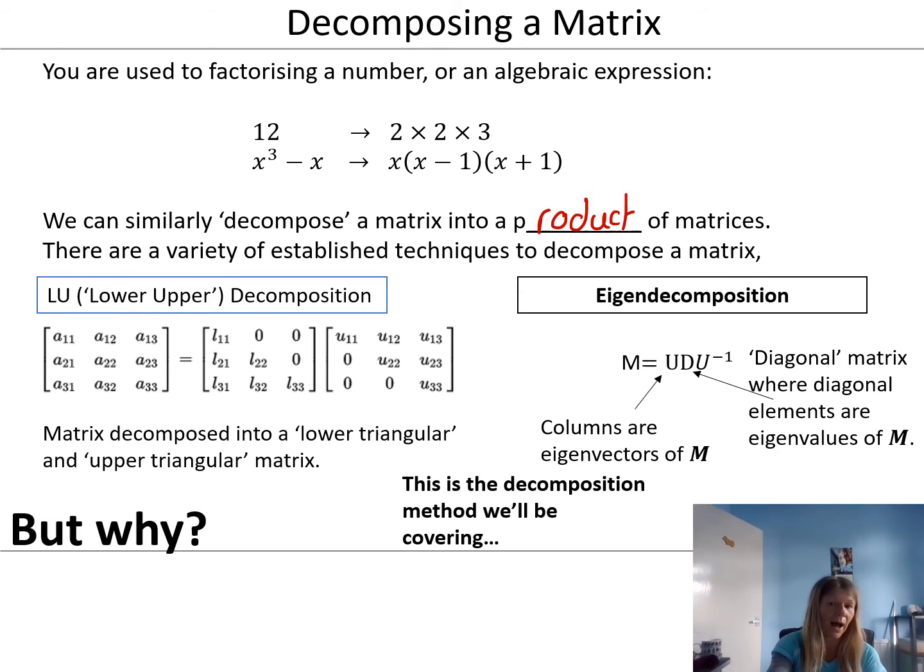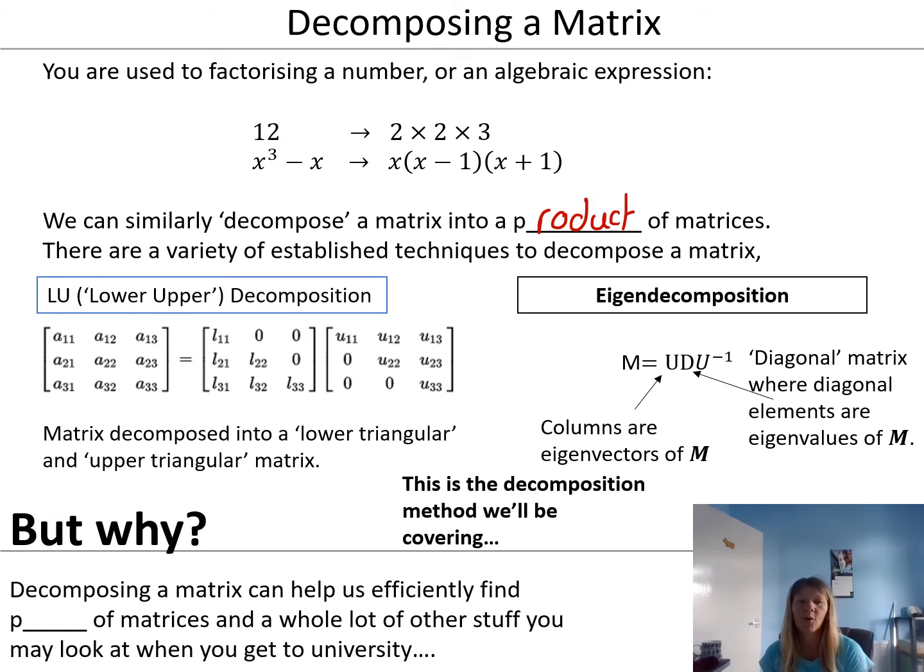But why? Well, decomposing a matrix can help us with the efficiency of finding powers of matrices and a whole lot of other stuff should you wish to go to university to do more, which I'm sure you all will.